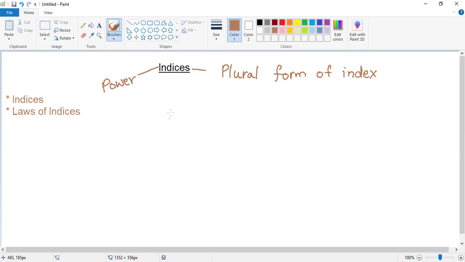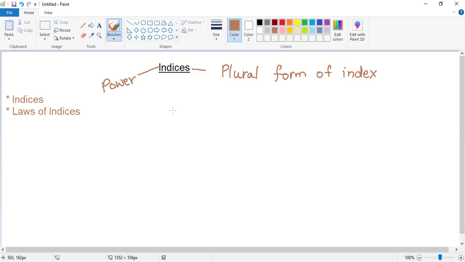In a lot of other books, you can study this as power, but index you can also study as index, but indices is the plural form of index. So what is this actually?